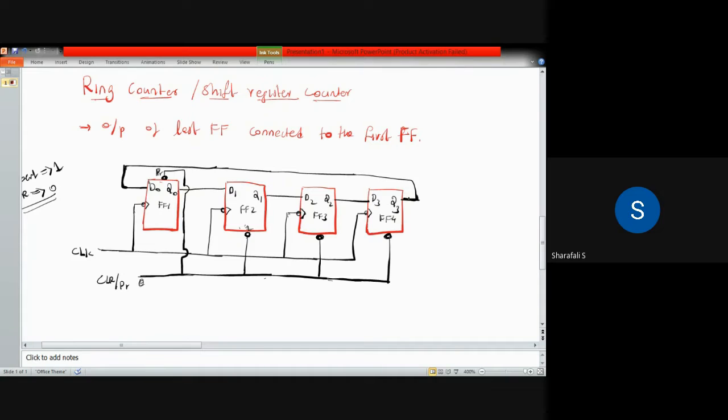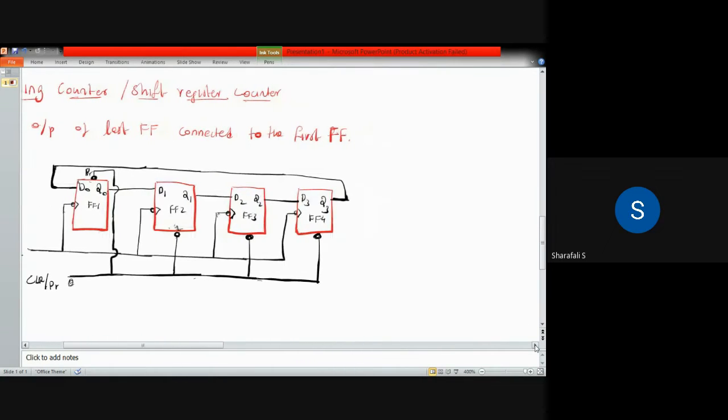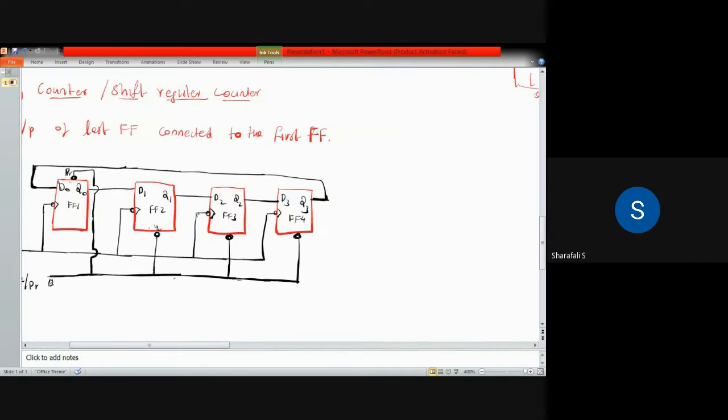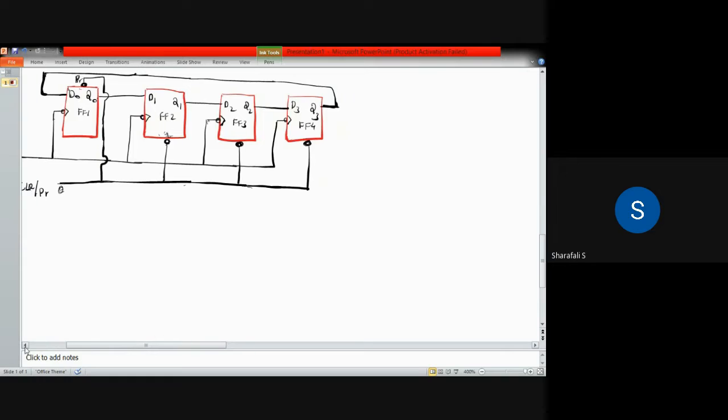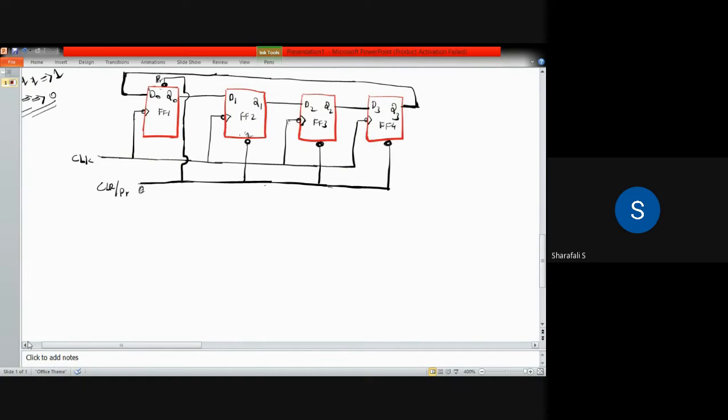In the first case, we have the truth table for this particular counter. Let's first consider the clear or preset option. Then we have the clock.